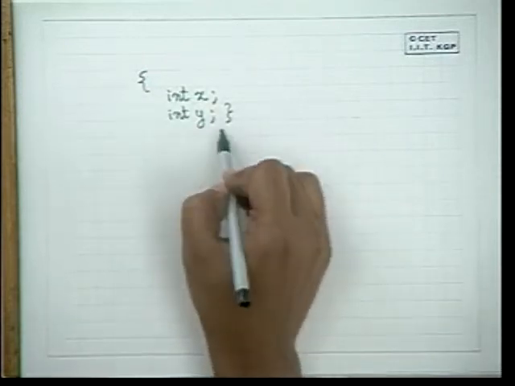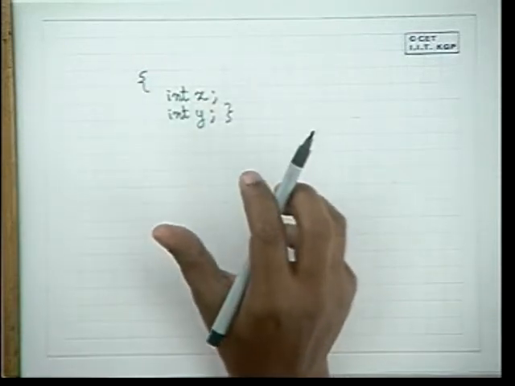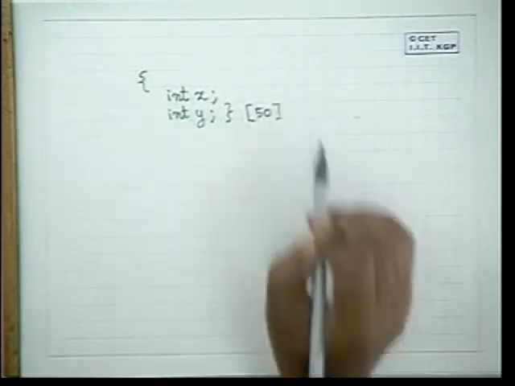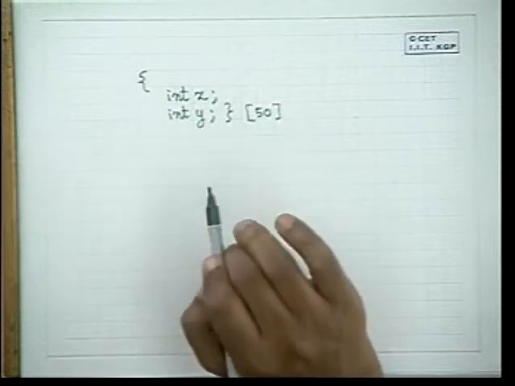Alright, this would form one capsule, and we would declare an array of size 50 of this, something like this.